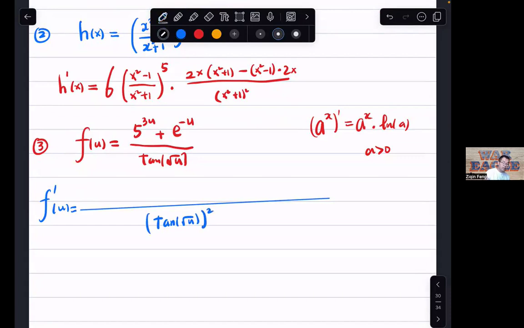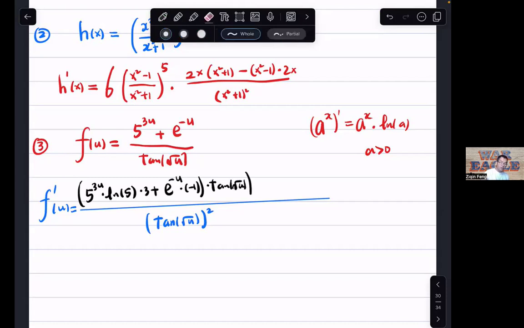And the first factor, if you differentiate that, you get 5 to the 3u times natural log of 5, and differentiate the inner function, because 3u is the inner function, then times 3. Then plus e to negative u, the inner function is negative u. The derivative of negative u is negative 1, so times negative 1, then times tangent of root u.